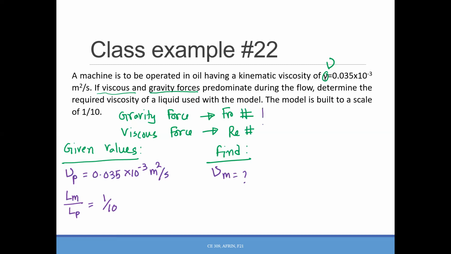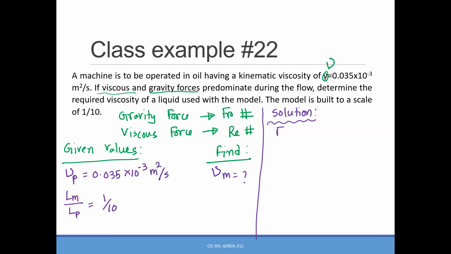What we will do, the solution: since we know the Froude number and the Reynolds number will be same for prototype and the model, let's start with the Froude number first.